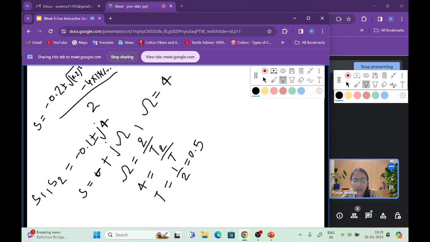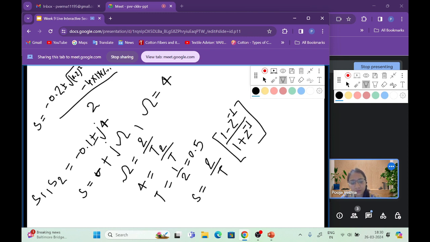Okay, now we have got T also, so we can put the value of T in the equation s is equal to 2 by T times (1 minus z inverse) divided by (1 plus z inverse).